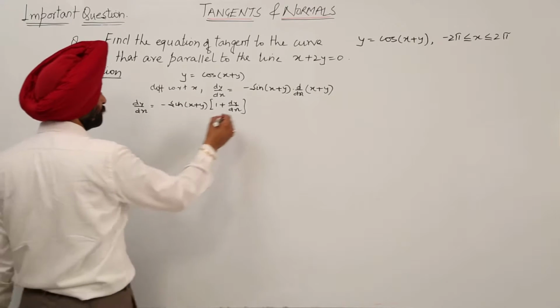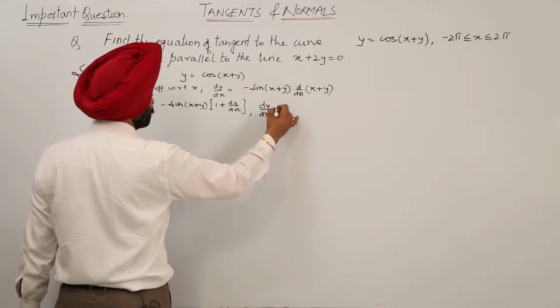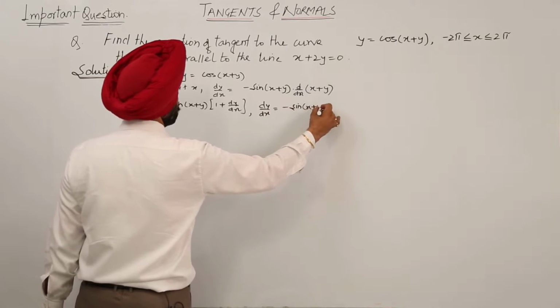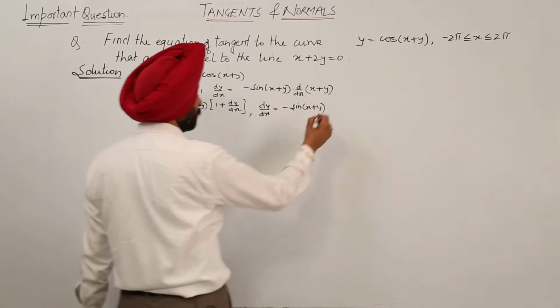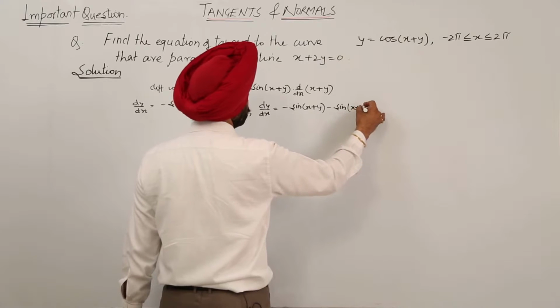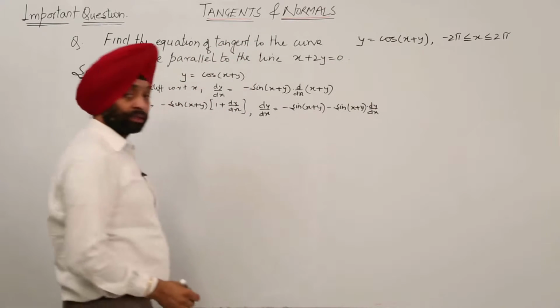Now this becomes dy/dx = -sin(x + y) - sin(x + y) dy/dx.